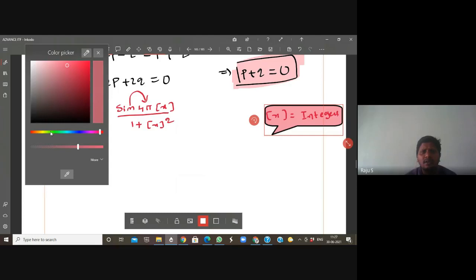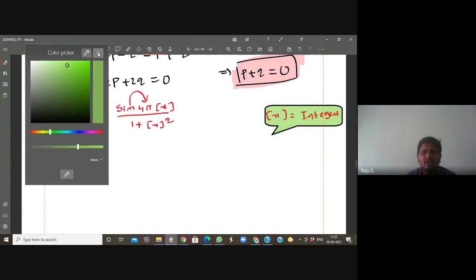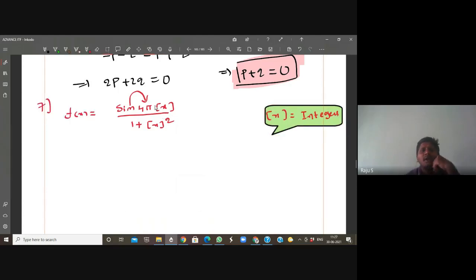So whenever this value is an integer, when I take this value as 1, this value is always an integer, meaning 0, plus or minus 1, plus or minus 2, whatever. x belongs to real numbers, but this step value only exists as an integer.